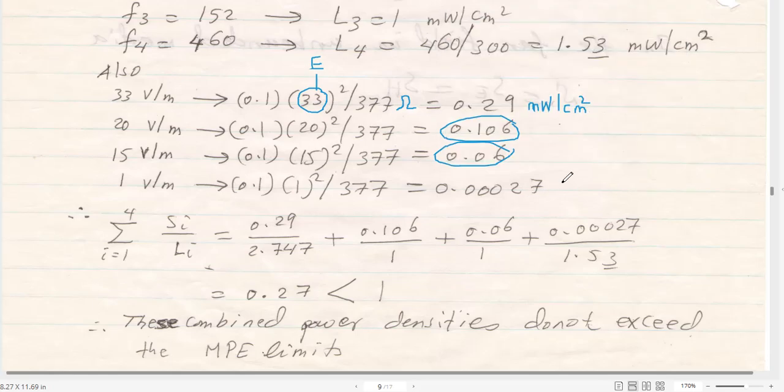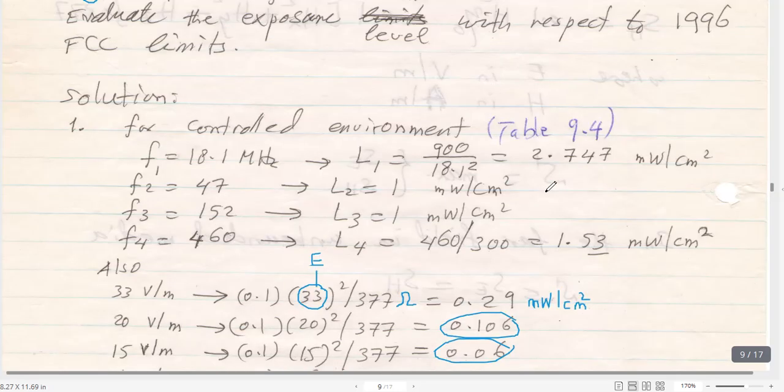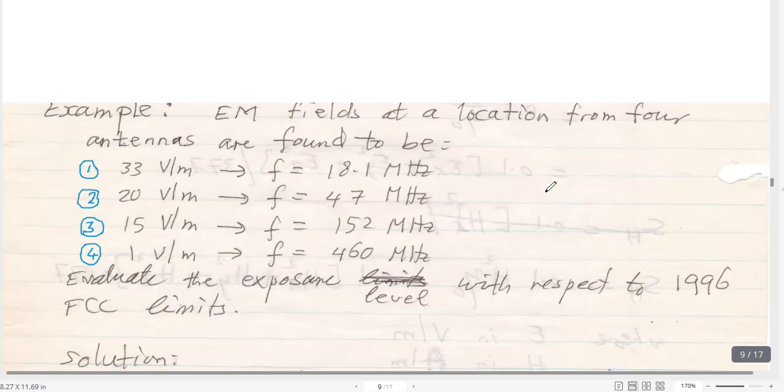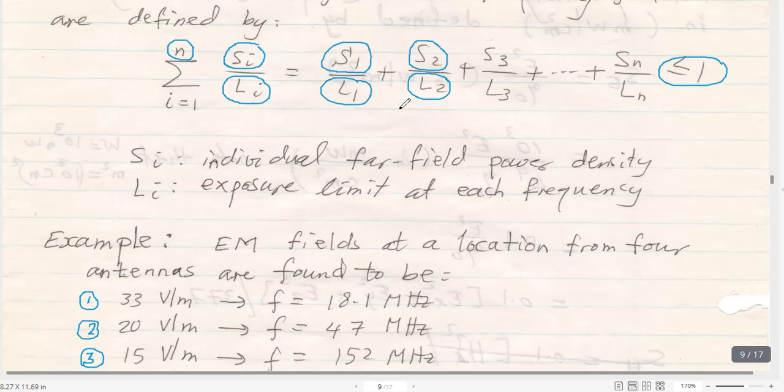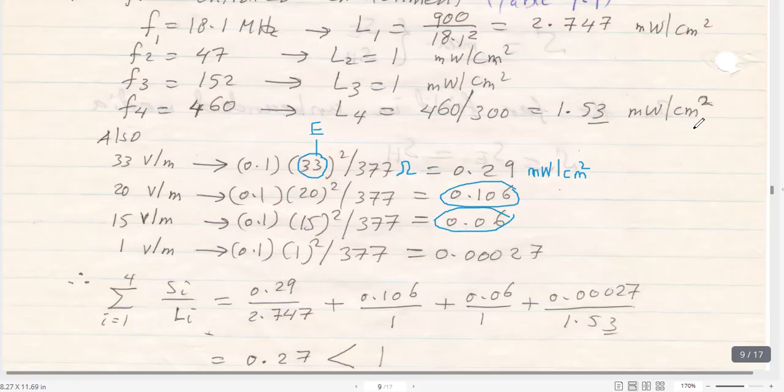Now we plug these values into the above equation. We divide S by L and sum, and see if the summation is less than 1, which is acceptable according to the regulations or guidelines, or not acceptable. Remember that only thermal effects are considered.